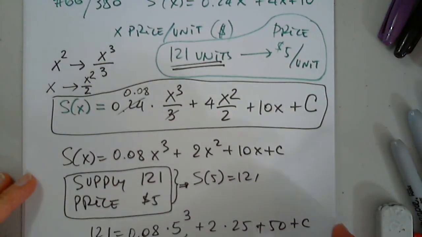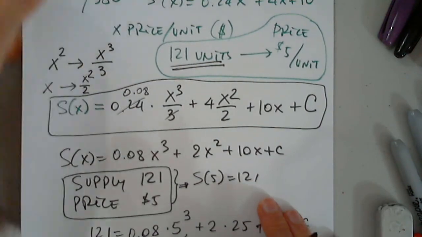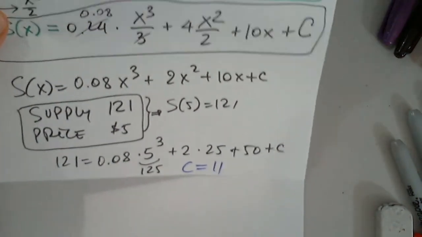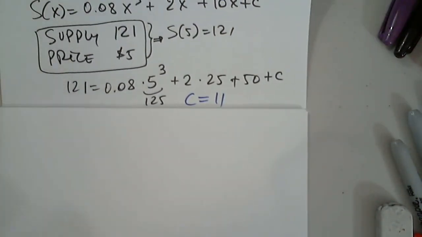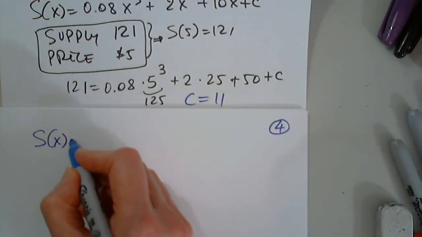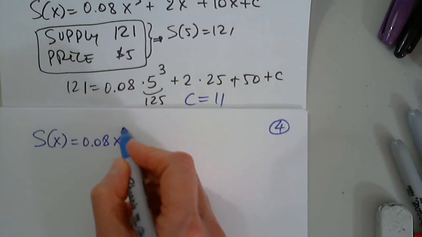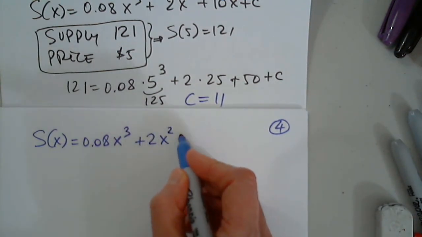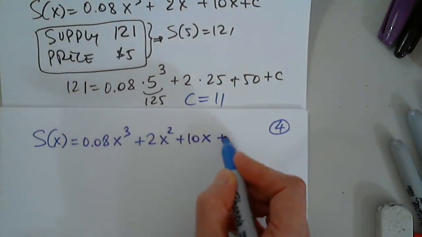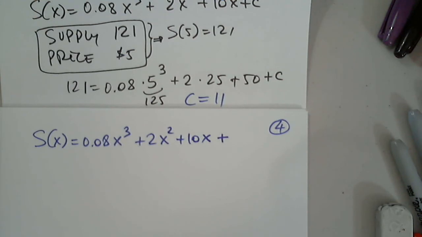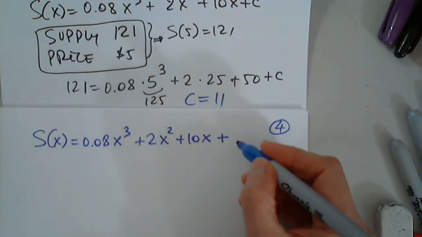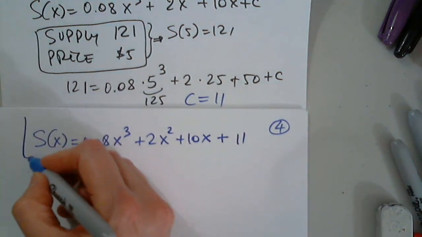So the supply function, knowing all the given information and fulfilling all the given conditions, will be 0.08 x cubed plus 2x squared plus 10x and then plus, anyone? 11. Very good. This is it.